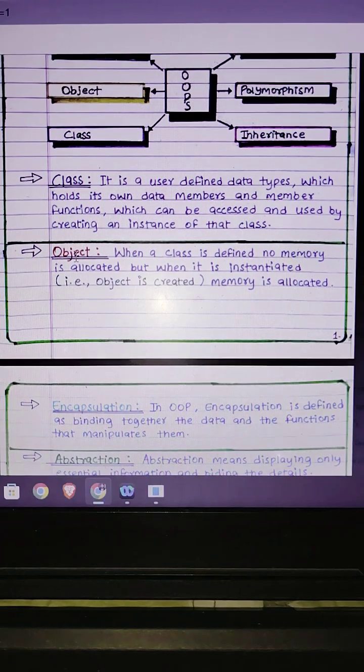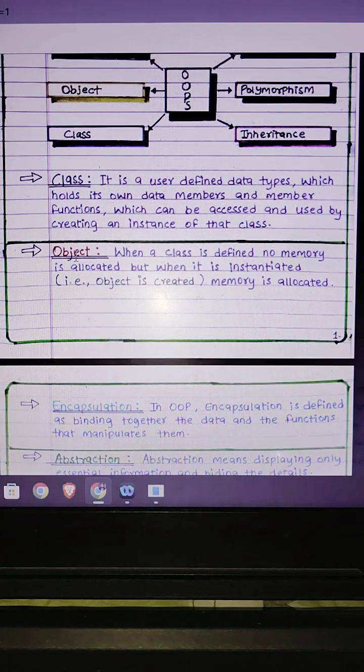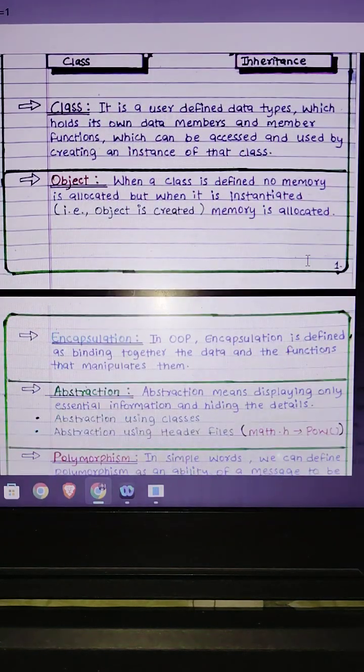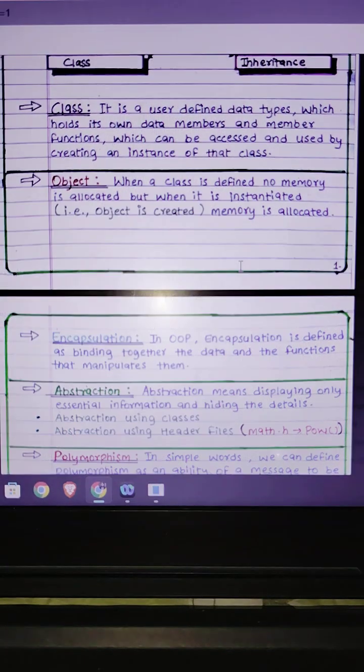Now move to the next feature of OOPS, which is object. What is an object? When a class is defined, no memory is allocated, but when it is initialized, memory is allocated. Let us take an example of an object.